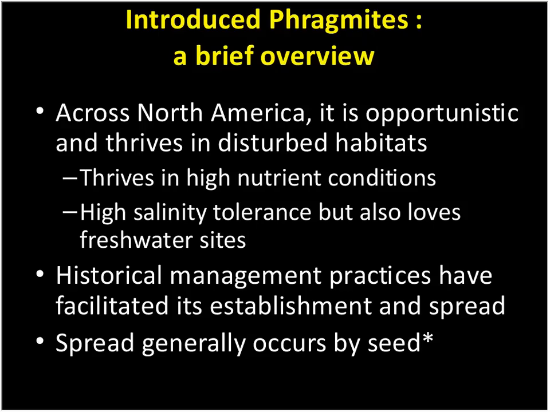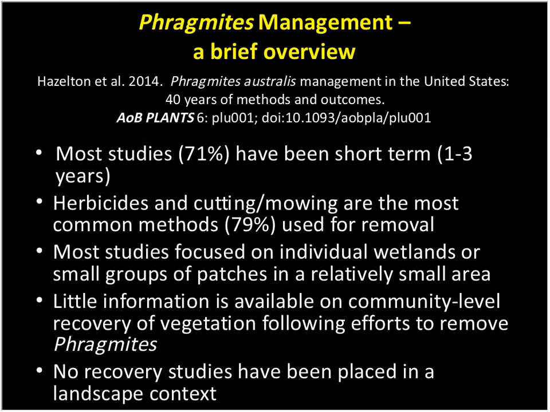And we also find it along river systems where flooding can disperse rhizomes. Spread generally occurs by seed. The seeds are wind dispersed. Seed viability can be very high, especially in areas where there are extensive Phragmites stands. So these are things that certainly have facilitated its spread.